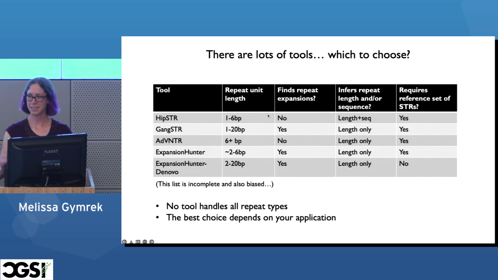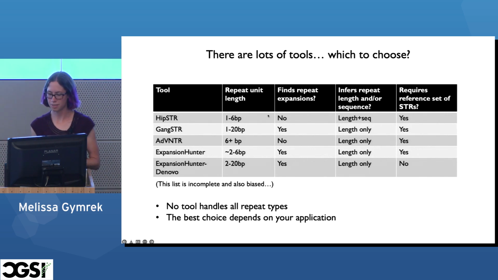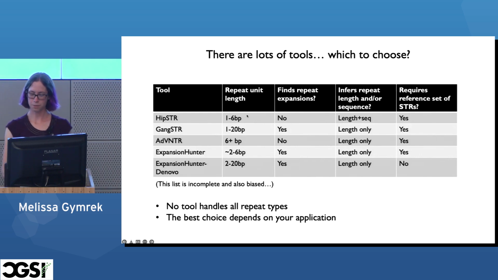For example, someone had a question about what type of repeat units we consider to be an STR. Well, different tools have different definitions of what this should be. Some of these tools will consider things where the repeat unit is between 1 and 6 base pairs. Others will look at larger repeat units, but none of them considers the entire range of repeat unit lengths.